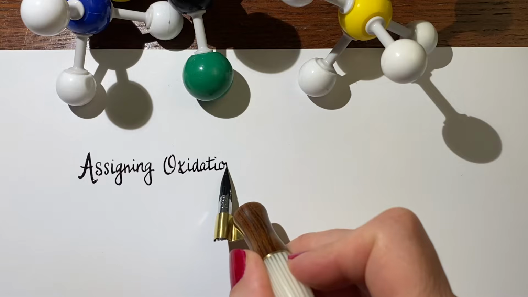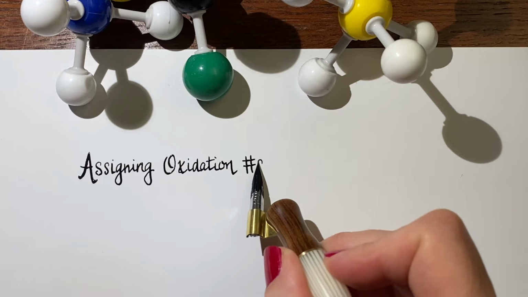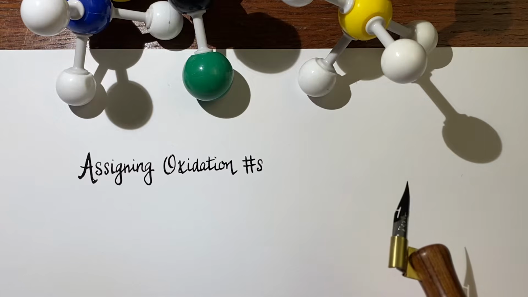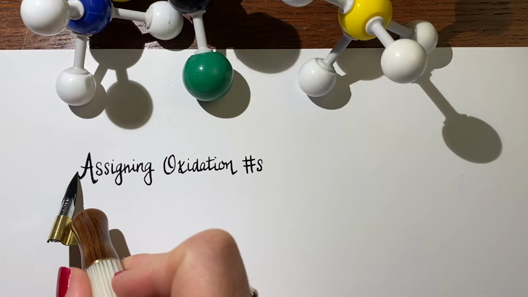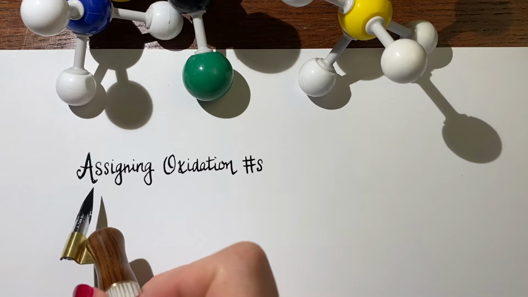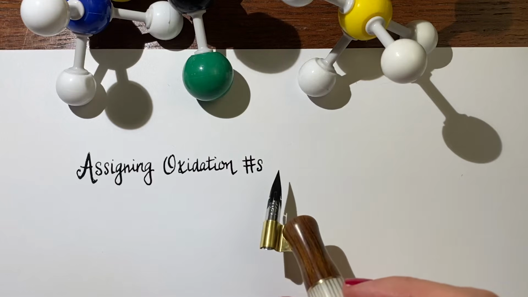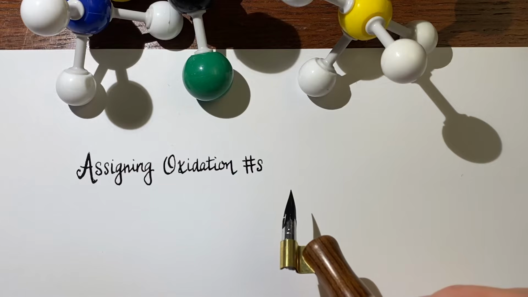So we want to go through some techniques to do this and get it right every time. So one thing that's really helpful is to have some knowledge of elements and what their common oxidation numbers are.